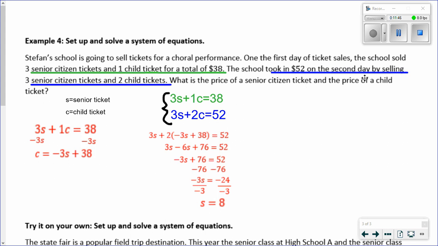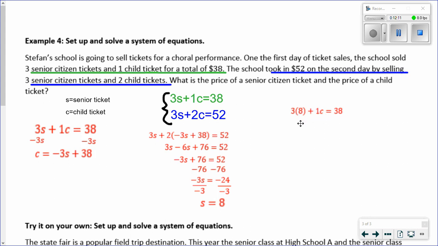I'm not done though, because I also want to know the price of the child ticket. So I need to take that s and plug it in to one of my two equations. I think I'm going to plug it into the top one because, again, I don't have to worry about dividing with the c then. So I have 3 times s, which is 8, plus 1c equals $38.